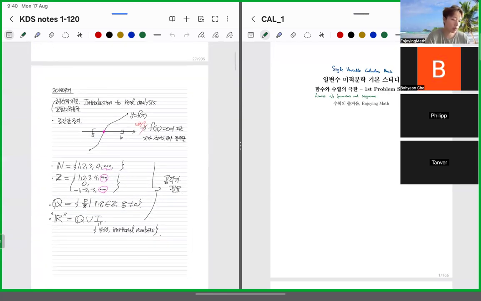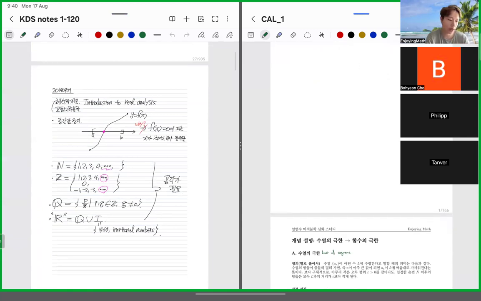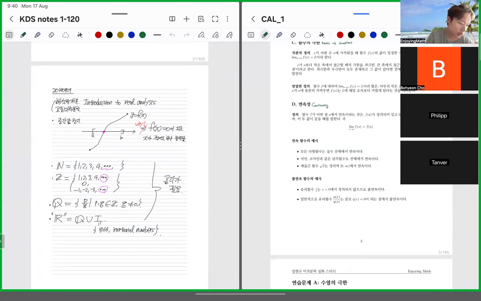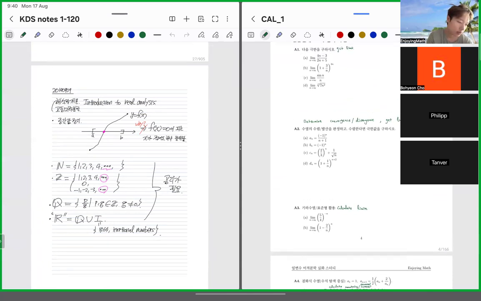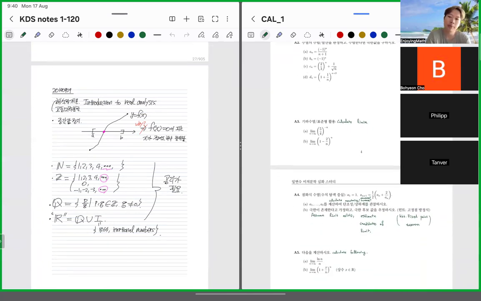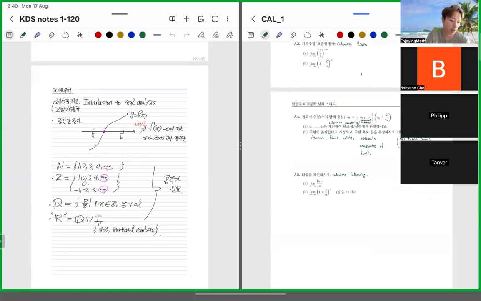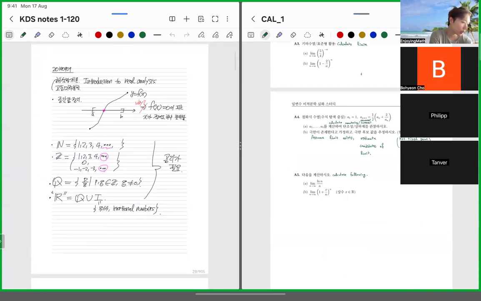And then, as I told you, there's the calculus problem set, ABC. Maybe it will be more like a review of what we did in high school. And then I hope we can go through the real introduction to real analysis. So we're at the beginning of a new chapter.